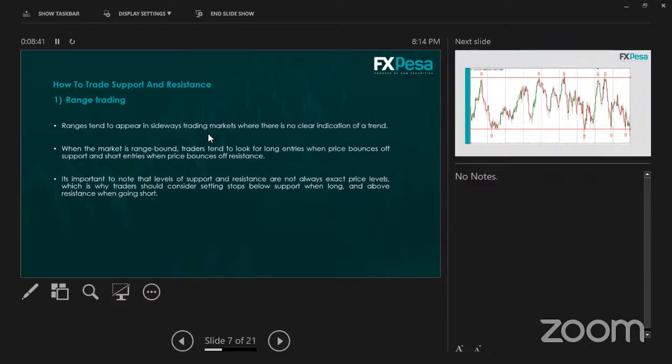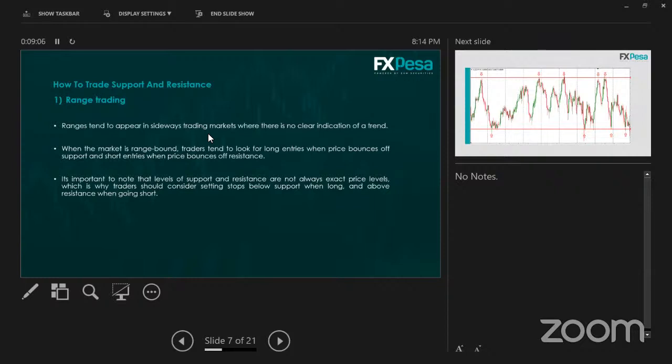That is a ranging market. A range tends to appear in a sideways market where there is no clear indication of a trend. When the market is range bound, traders tend to look for long entries when price bounces off support and short entries when price bounces off resistance.